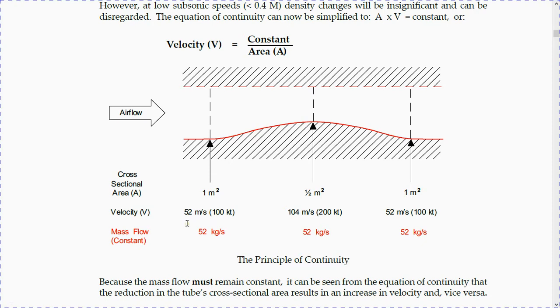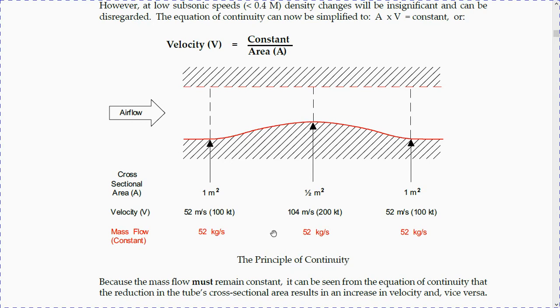So 52 kilograms per second, always, divided by the area, and we'll give you different speeds.